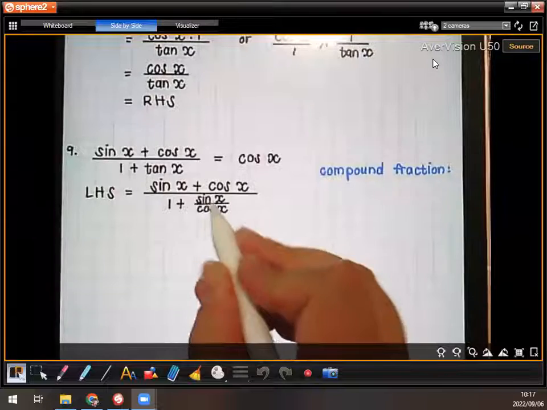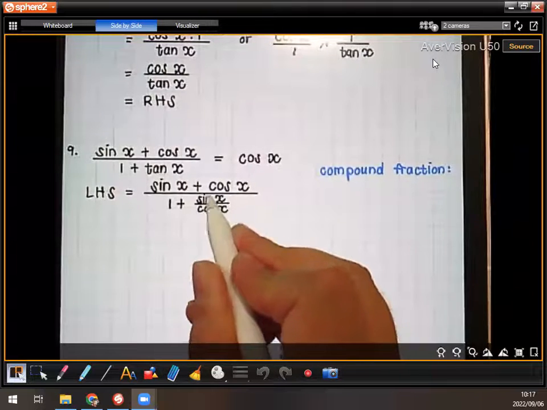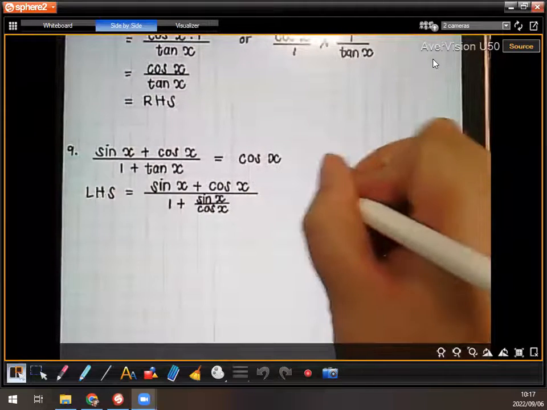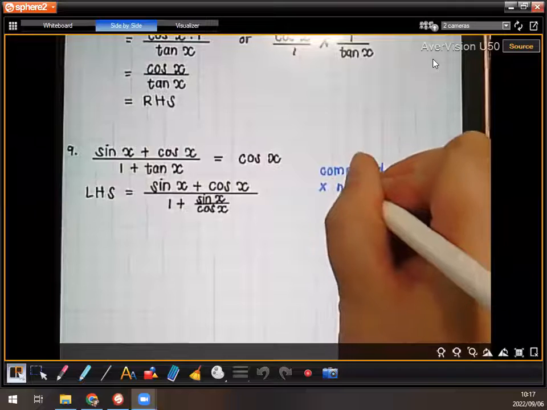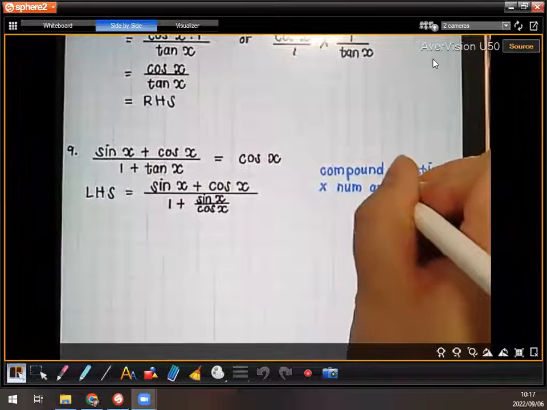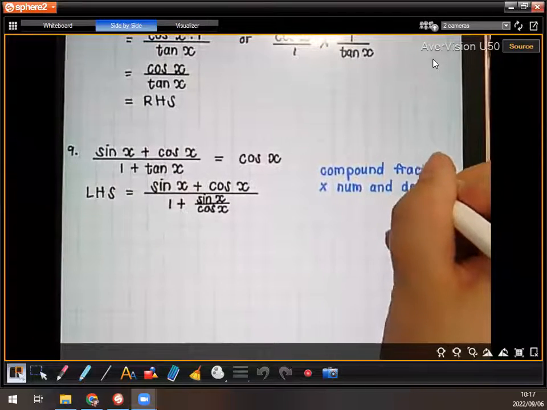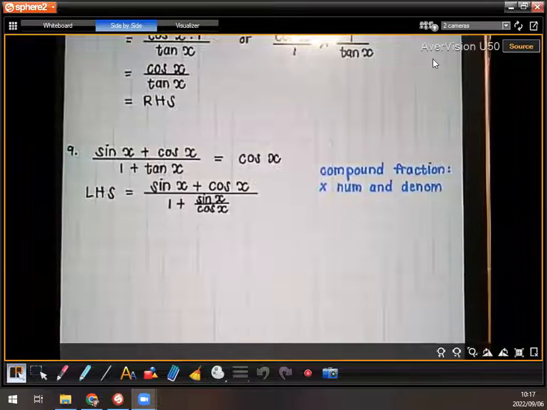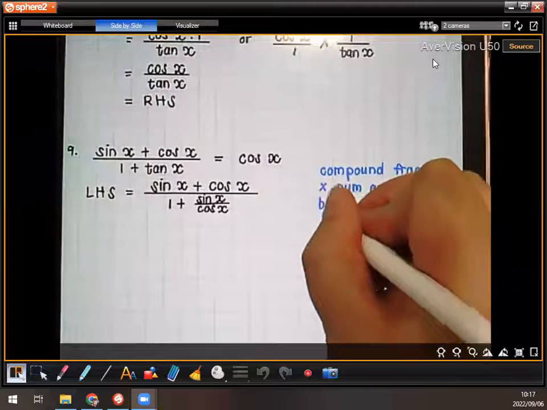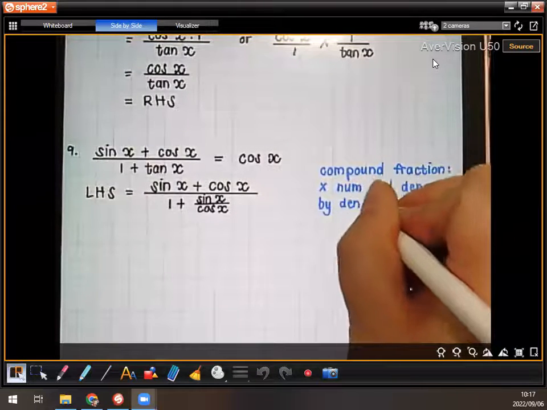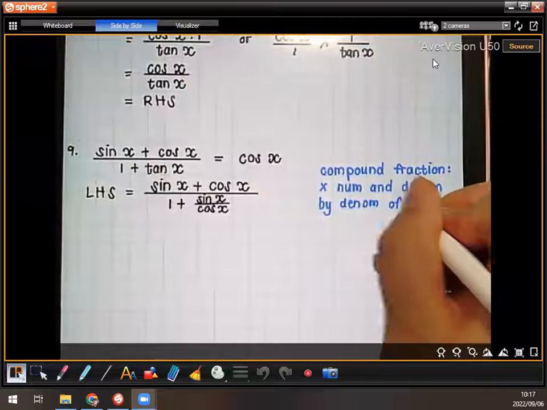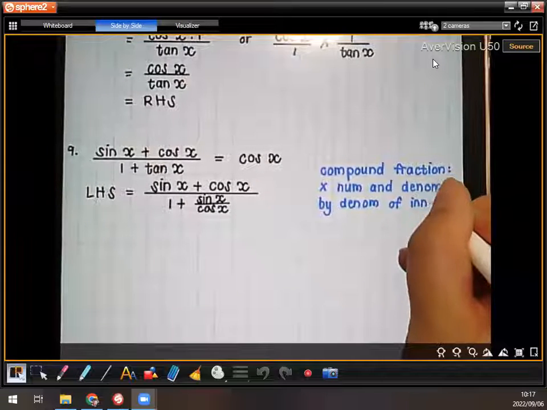So to get rid of this inner fraction, which we obviously don't want there, we're going to times the numerator and denominator, I think yesterday I wrote top and bottom, it's fine if you have that written down, by the denominator of the inner fraction.